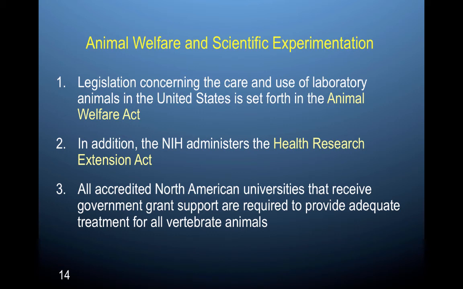So both of these really address the maintenance and care of animals in research. And so they make sure that animals are cared for, that they are only used when absolutely necessary, and that the research that is proposed on animals is appropriate.